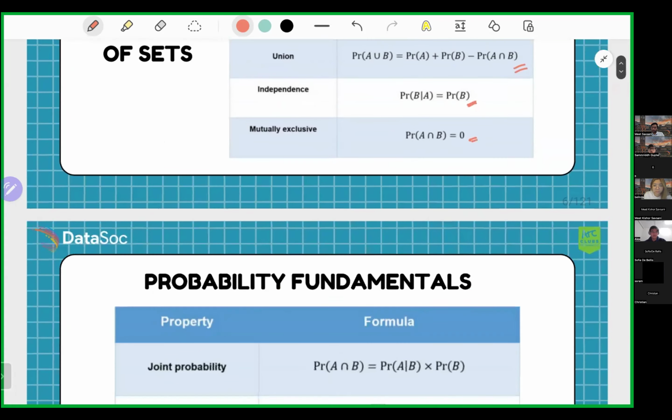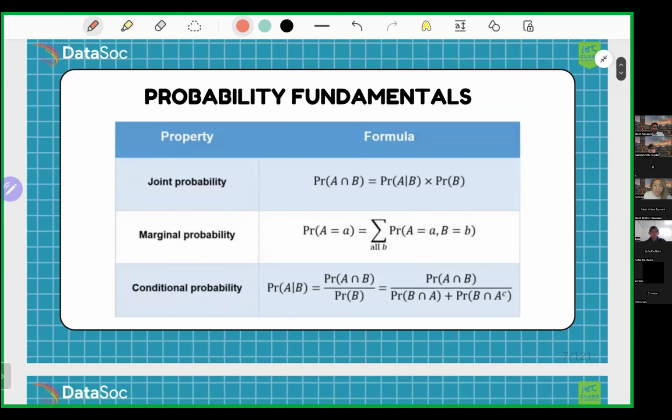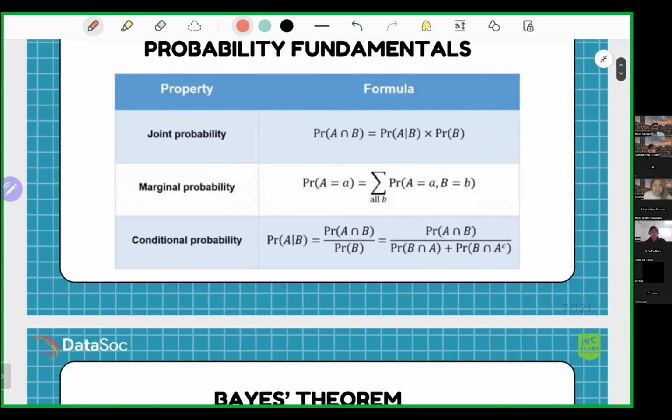So these are the fundamental properties, but the important one is defined by the joint probability or multiplicative law, which is defined as probability of A intersection B is equal to probability of A given B into probability of B. In order for this formula to hold, A and B should be independent events.